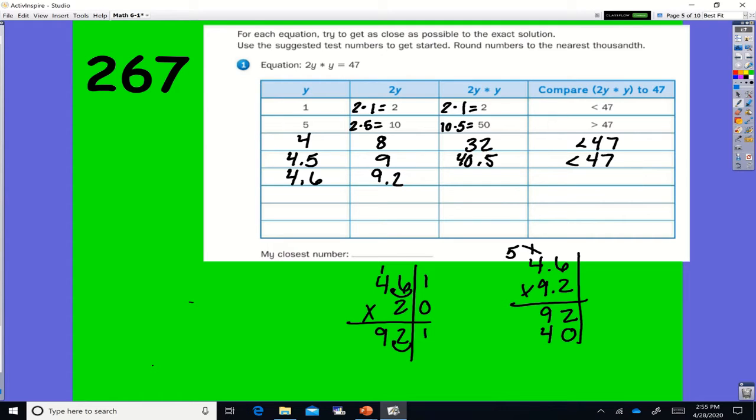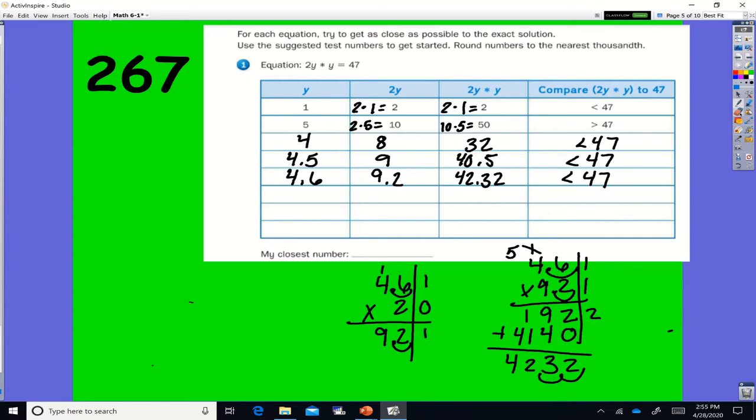Well, I know 36 plus 4 more is 40, plus 1 more is 41. I add that up. Move it 1 here, 2 total. So that's less than 47.